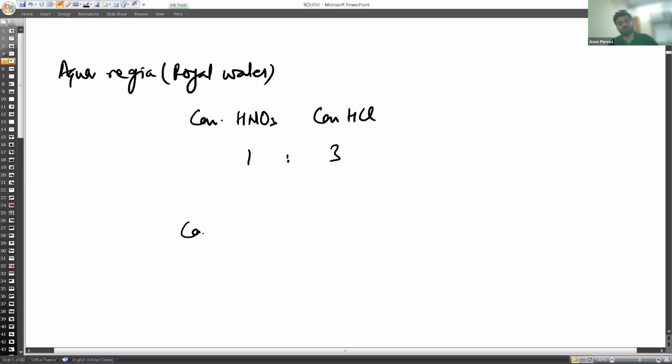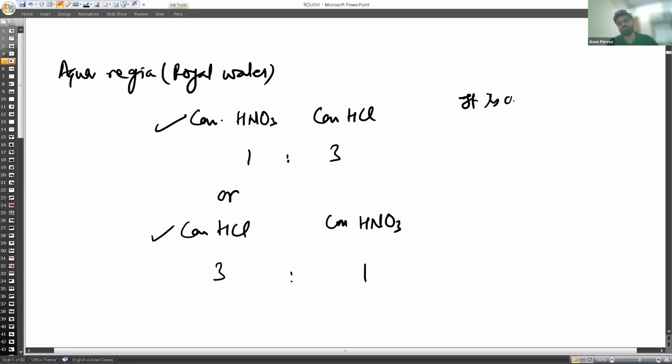When concentrated HCl is written first and concentrated HNO3 later, then you have to take the ratio 3:1. Sometimes it is written this way, sometimes that way. You have to be careful that HNO3 is 1 part and concentrated HCl is 3 parts, and it is used to dissolve precious metals or noble metals.